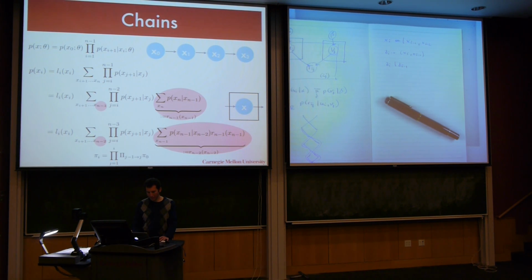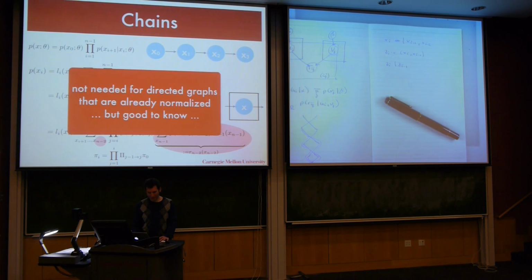Now for chains, if I have a directed graphical model, that doesn't actually buy me something, because it's normalized anyway. Summing over the last child that doesn't have anything else hanging off it, that probability has to be 1 anyway.